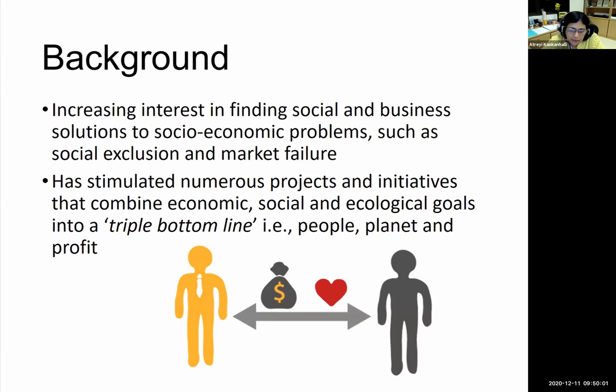And the idea in these efforts is to serve the triple bottom line, not the typical bottom line that we have in private organizations of maximizing profits. So these social enterprises are mainly focusing on a triple bottom line that is combining economic, social, and ecological goals.